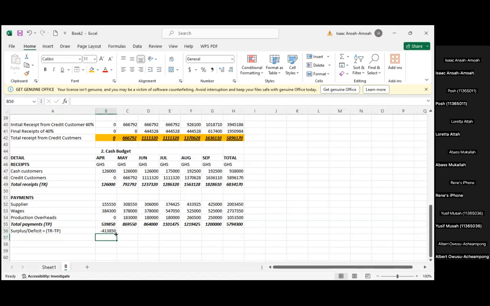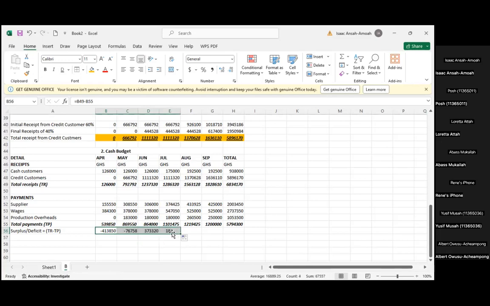Okay. Then total receipts for May as against total payment for May, another deficit. Ooh. Total receipt of June against total payment for June. Hooray, some surplus is chopped. Total receipts of July as against total payment of July.